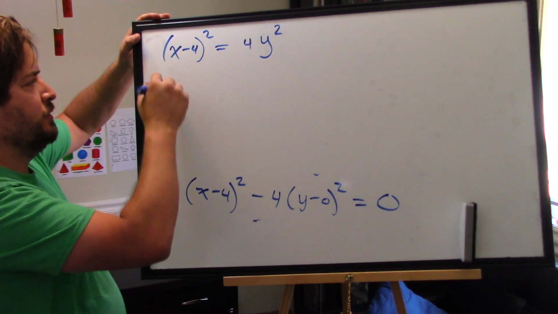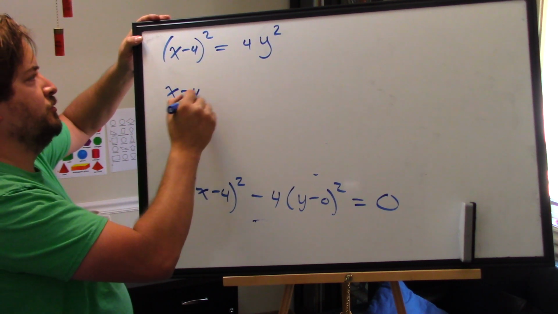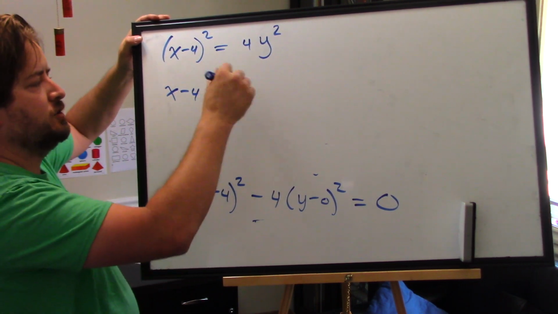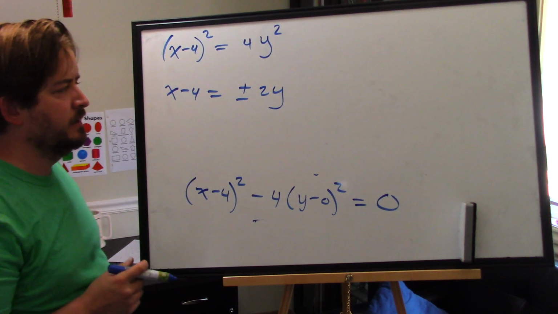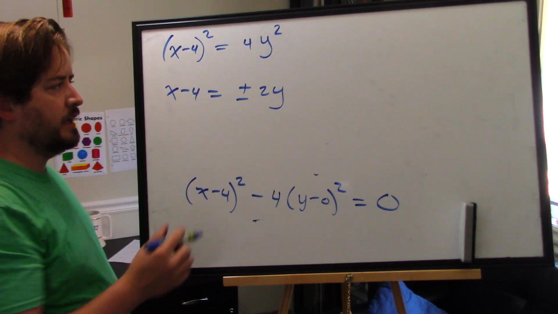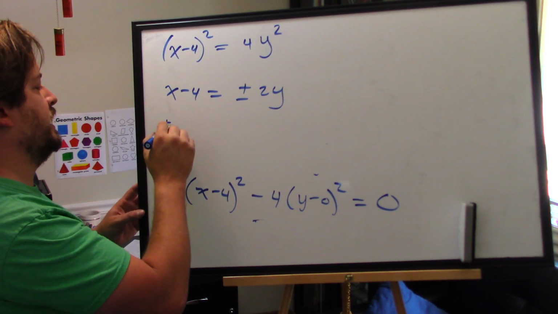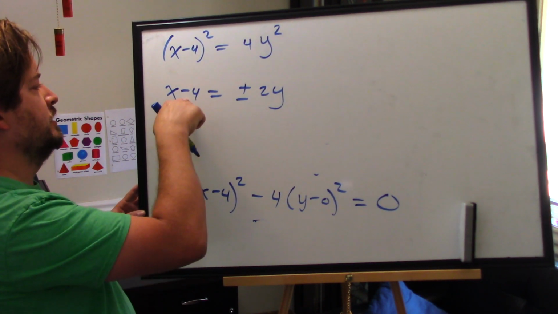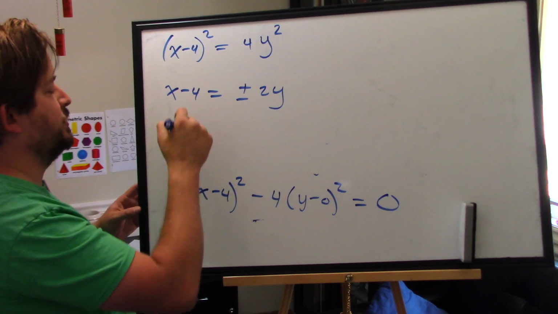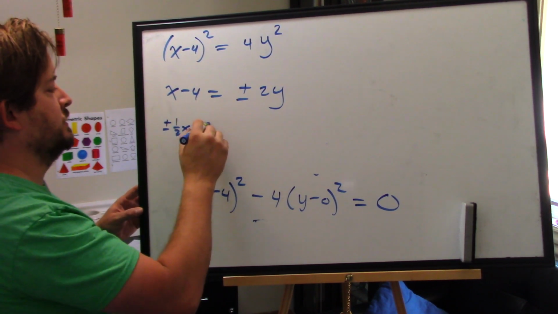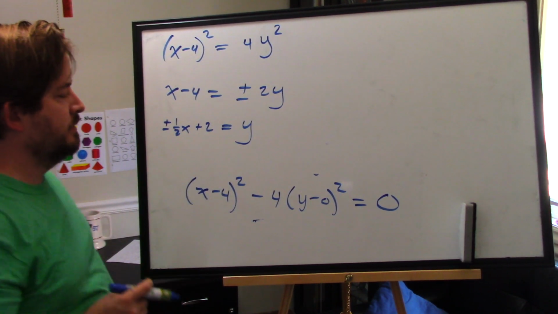If I square root both of these, then I can call this just x minus 4, throw a plus or minus over here to be 2y. Right? And you can see that I do indeed get two lines. If you want to divide by this plus or minus 2, then that gives me plus or minus 1/2 x, well, plus or minus 2 is equal to y.